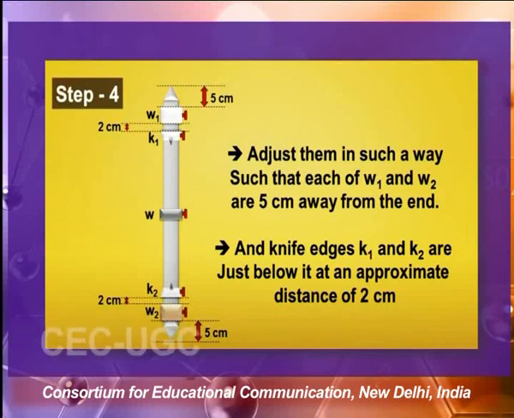Adjust them in such a way that each of W1 and W2 is 5 cm away from the end. After that, knife edges K1 and K2 are just below it at an approximate distance of 2 cm.